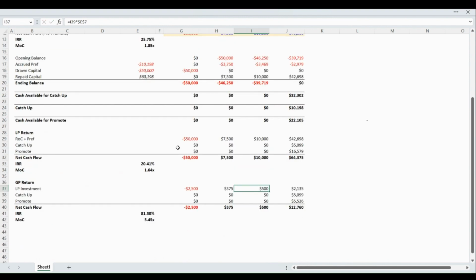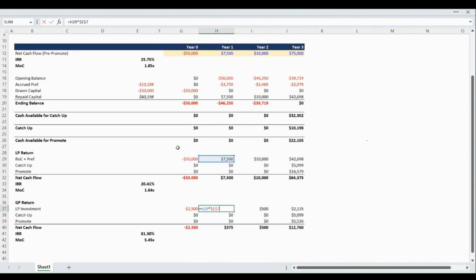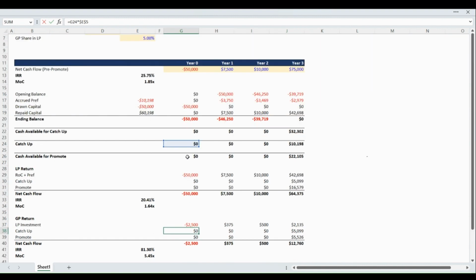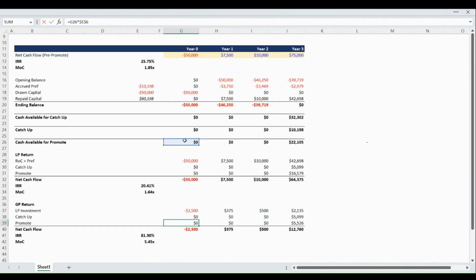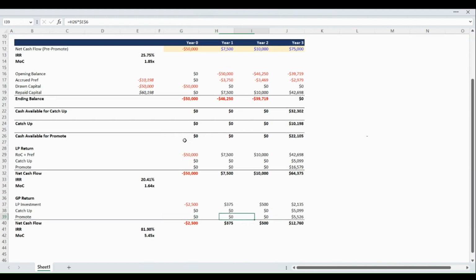The general partner return schedule includes 3 line items. The first line item is for the investment in the limited partnership. In our example, we utilized a 5% general partner investment in the limited partnership, which entitles the general partner to 5% of the limited partner cash flows.